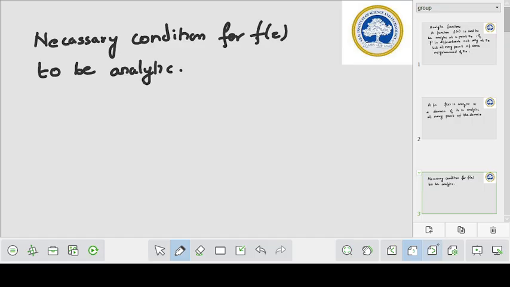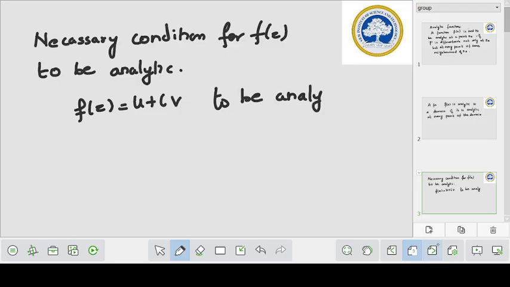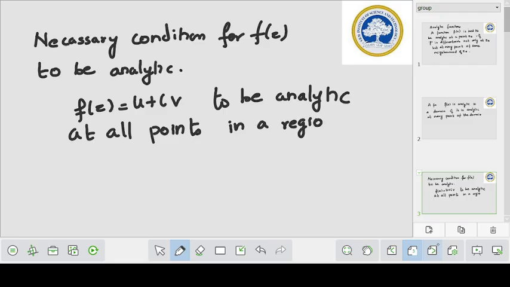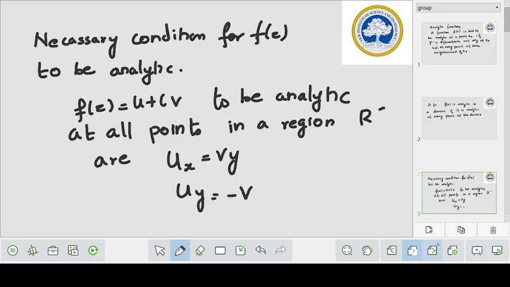The necessary condition for a function f of z equal to u plus iv, where u is the real part and v is the imaginary part, to be analytic at all points in a region R, is ux equal to vy and uy equal to minus vx, provided that ux, uy, vx, vy exist.